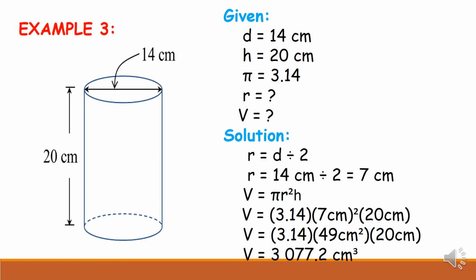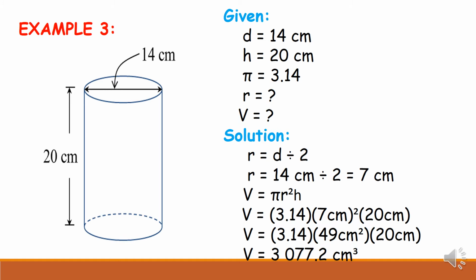Now finding the volume. Volume of the cylinder is equal to pi r squared times height. So we have the value of pi, 3.1400, times the value of radius, 7 centimeters quantity squared, times the value of height, which is 20 centimeters. Simplify first the exponential form. 7 centimeters quantity squared is equal to 49 centimeters squared.